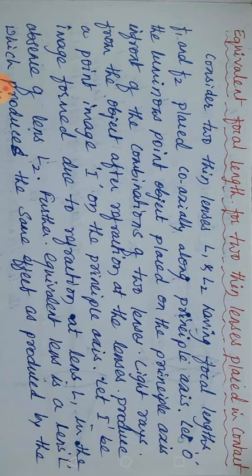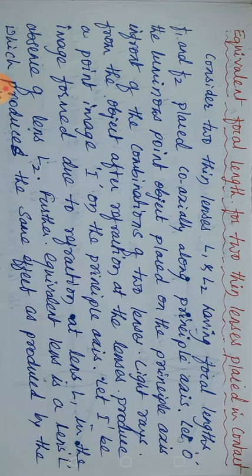So, the equivalent focal length when two thin lenses are placed in contact. In current electricity, you have learnt the equivalent resistance when two resistors are connected in series, and when the same two resistances are connected in parallel. For series combination, equivalent resistance Rs equals R1 plus R2.